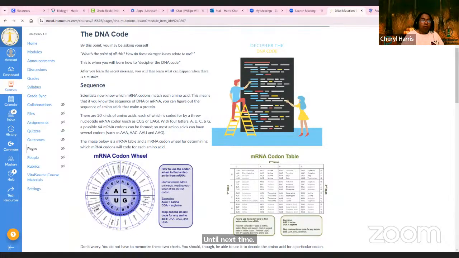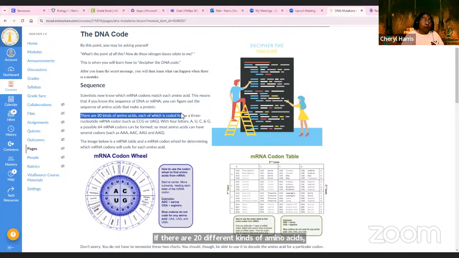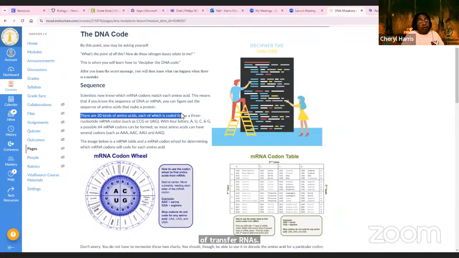I do want you to read this right here so that you understand that there are 20 different kinds of amino acids. If there are 20 different kinds of amino acids, that means there are 20 different kinds of transfer RNAs, because each transfer RNA is coded to pick up one kind of amino acid. That's its job.